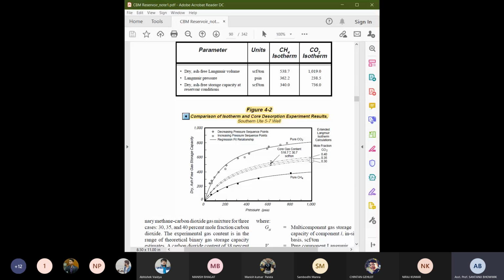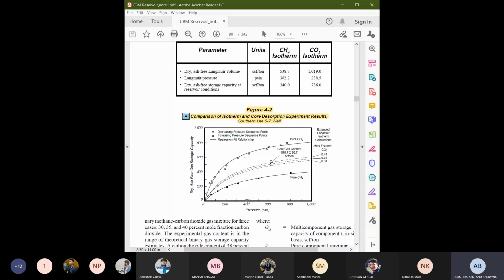For that, you need to do the mole fraction, and this mole fraction is not the same throughout the temperature and pressure of the isotherm test. So if you are going to take the mixed gas adsorption, at each pressure stage you have to see the mole fraction, because the adsorption rates of carbon dioxide and methane are different.